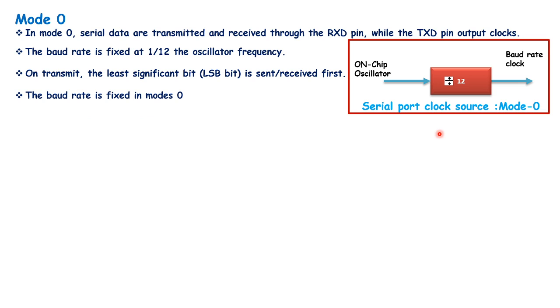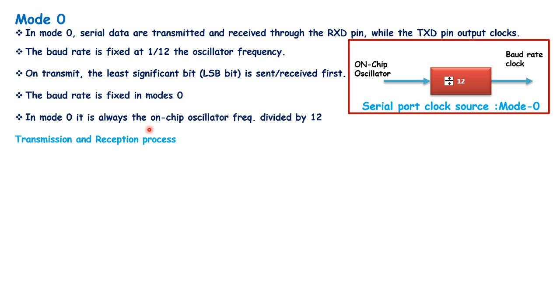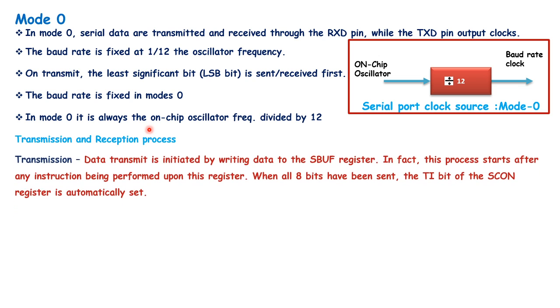On transmit or receive, the least significant bit, LSB, is sent or received first. The baud rate is fixed in mode 0; it is always the on-chip oscillator frequency divided by 12. The transmission and reception process is like this.